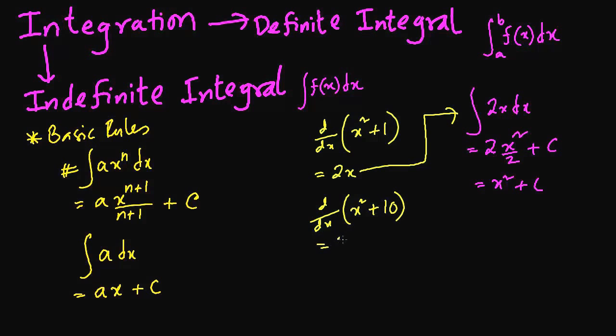This would also be twice x. So again, if we integrate this, the result would be exactly the same. Integration of twice x dx, we get 2 x squared by 2, and this 2 cancels. We have to write plus c because this time we again get x squared, but this one was x squared plus 10 and the previous one was x squared plus 1.